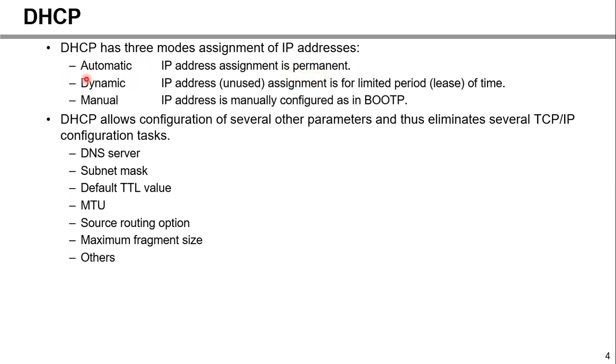Then I will need an automatic IP address assignment, which is permanent for myself and will not be used by anyone else. Dynamic is exactly the opposite. Any unused IP address can be assigned to any fair number of machines in the network. So that is dynamic. And manual is very simple. You configure these IP addresses just like bootp does.